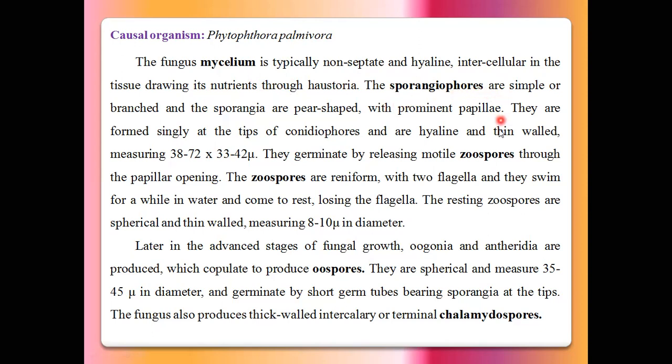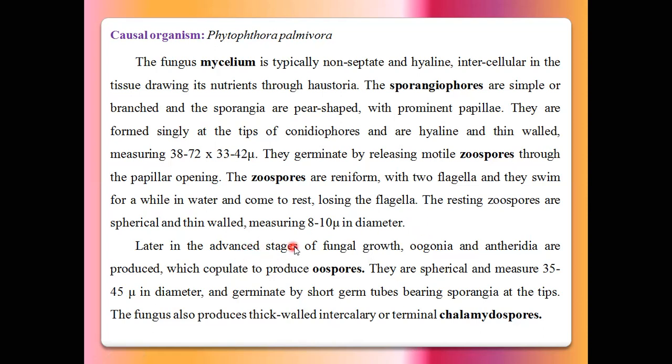At the tip of the sporangiophore, sporangia are produced, and these sporangia liberate zoospores. Secondary infection always takes place through zoospores and sporangia, which are disseminated with the help of water or irrigation water.